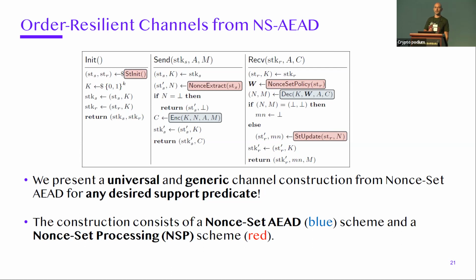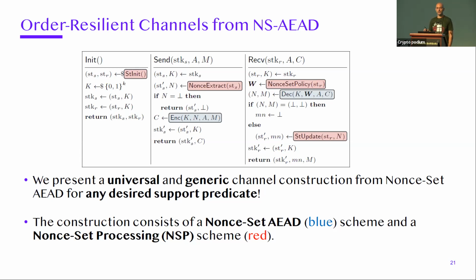The first one is simply a state initialization algorithm. Then we have a nonce extract algorithm on the sender side, which takes the sender state and returns an updated state together with a nonce that is then fed to the encryption oracle. And at the receiver side, we have a nonset policy that, given the current state, extracts a set of nonces that are then fed to the decryption algorithm.